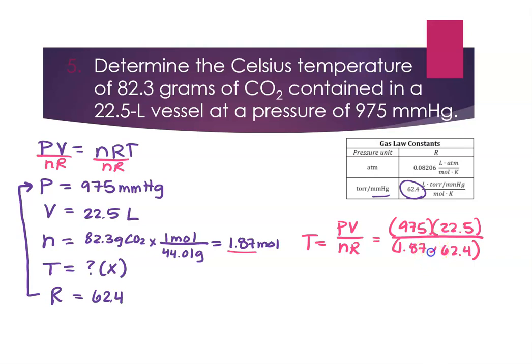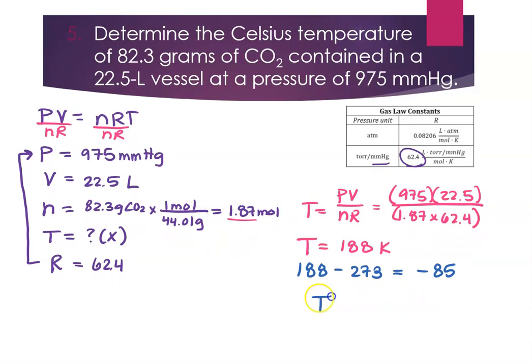Since we have 2 things in the denominator, we want to put all of that into one set of parentheses. When we do all of this, we get that our temperature is equal to 188 Kelvin. But it's asking for Celsius temperature, so to convert from Kelvin to Celsius, we subtract 273, and we get negative 85. So our temperature value here will be negative 85 degrees Celsius. To convert into Kelvin, we add 273. To convert out of Kelvin, we subtract 273.